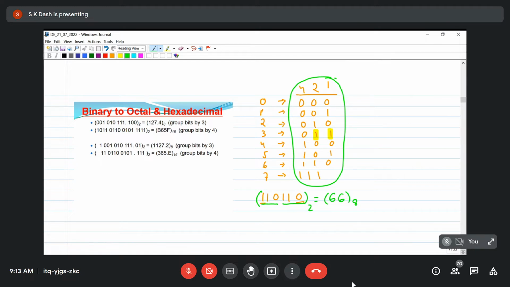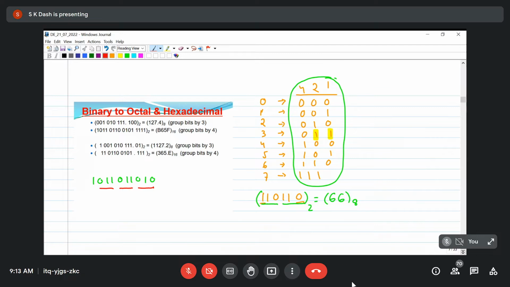Let me take another example: 1011011010. Again, we start from the least significant bit, this 0, and form groups of 3 bits. This 3, this 3, and so on. But now 1 is left single; 3 bits are not there.